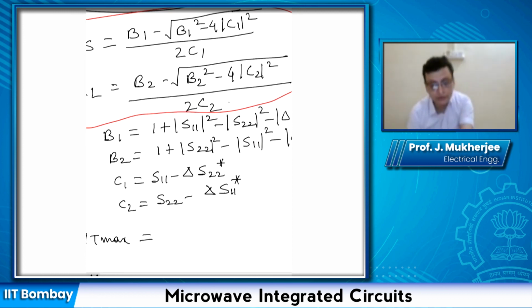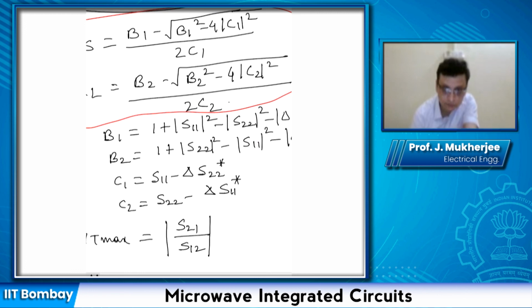This we have discussed earlier also, and we have said that GT max is equal to GP max, which is in turn equal to GA max, and the value of this is given by this.